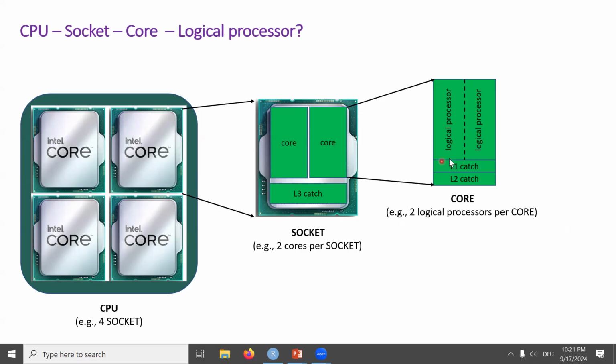And in each core, I have two virtual cores, which we also call logical processors. So the number of logical processors basically tells us how many tasks we can do at the same time on a core. For example, with one core, I can do two computations at the same time.